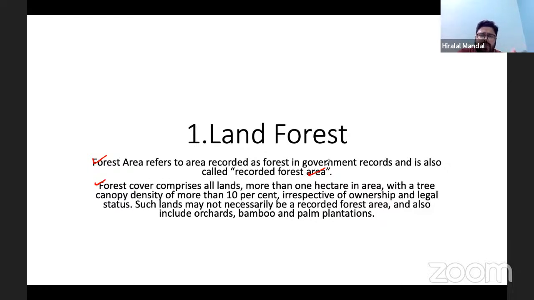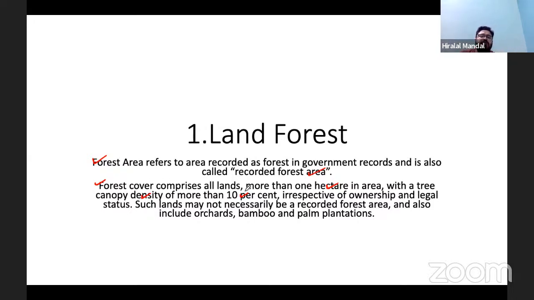Forest cover comprises all those lands, specifically more than 1 hectare in area, with a tree canopy density of more than 10%. That can be regarded as forest cover. So forest cover is not necessarily forest area.